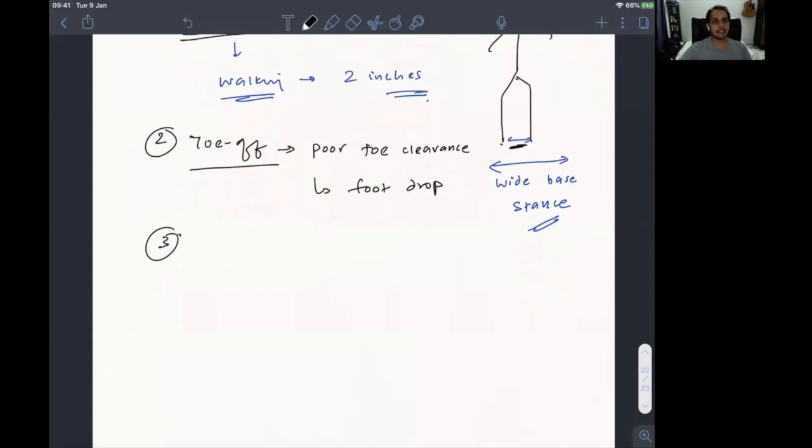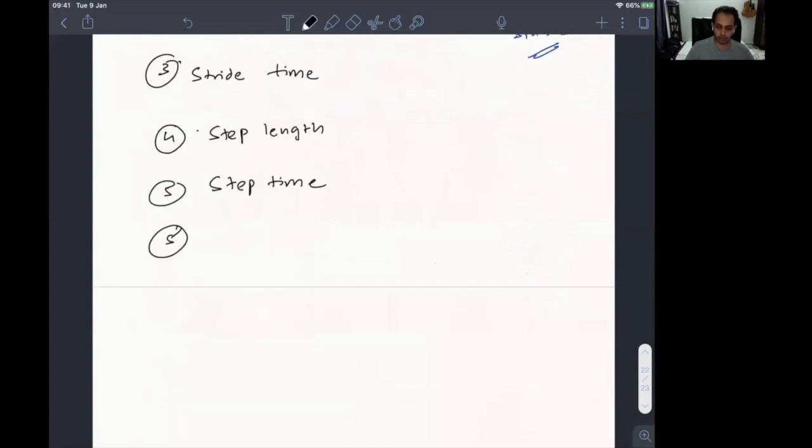You want to see the stride time, so how much time it takes for that person to complete one stride, the step length, step time, overall velocity, so how much distance in how much time, and something called cadence. Cadence means number of steps per minute.